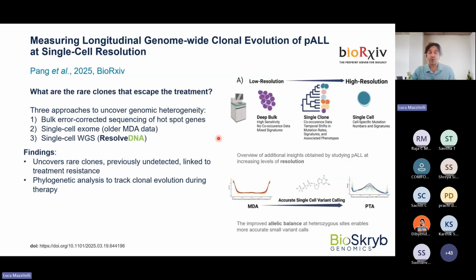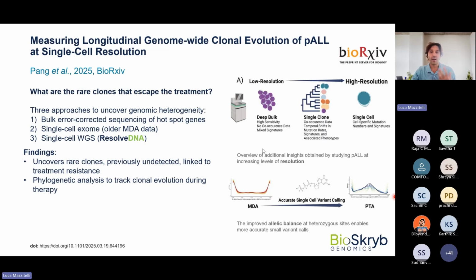And here I want to give you a first look at how researchers in oncohematology are using ResolveDNA. This is a preprint that was recently released on pediatric acute lymphoblastic leukemia from Dan Landau at the New York Genome Center, and Chuck Gawad, who is our Chief Scientific Officer and a professor at Stanford University.